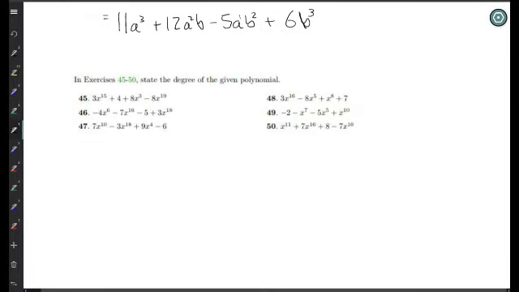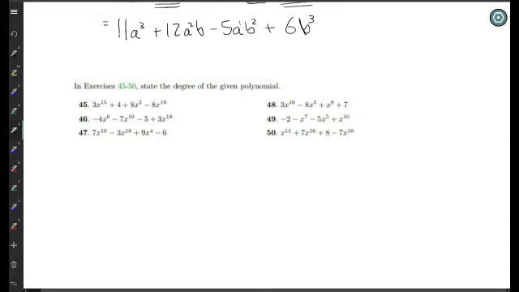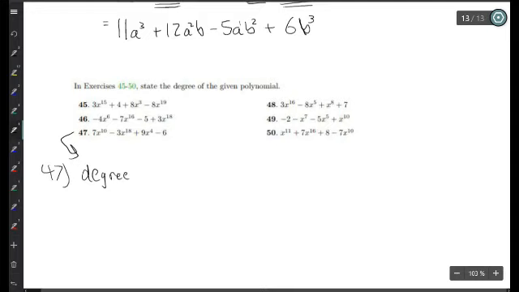State the degree of the given polynomial. Let's look at 47. So the degree is 18, because that's the max exponent.